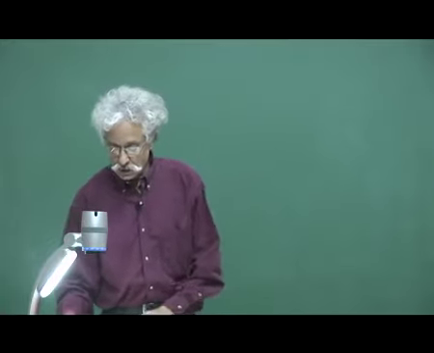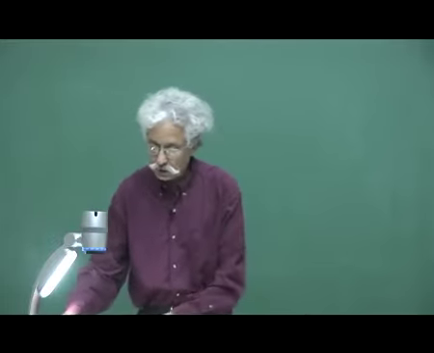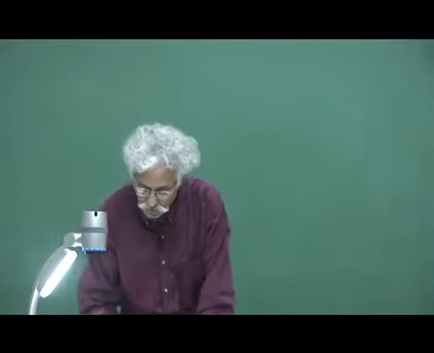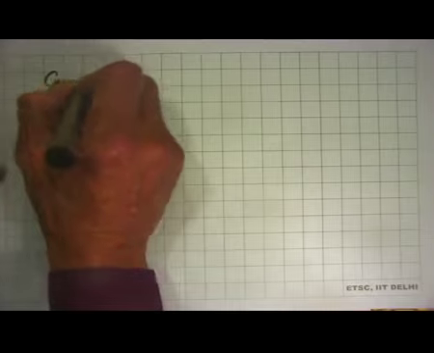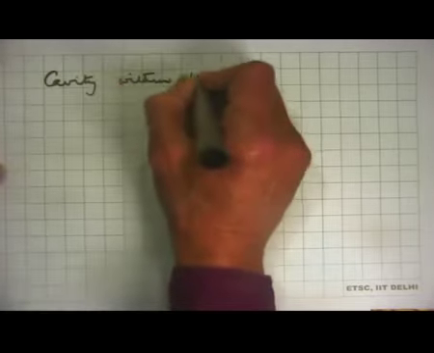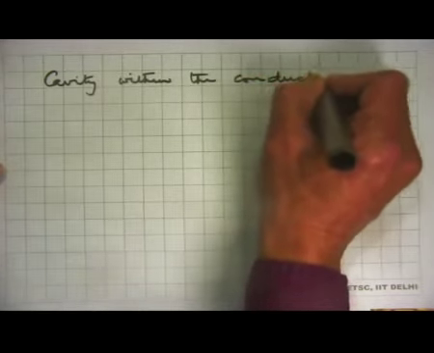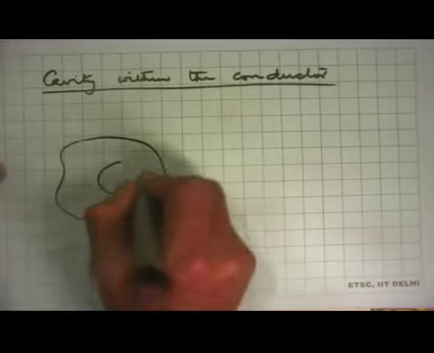Now, the question arises: suppose I have a cavity within this conductor. So, I have a conductor of arbitrary shape and I have a cavity.